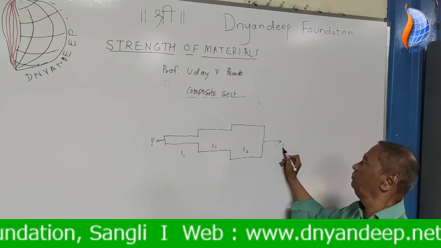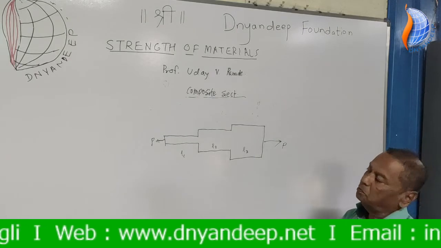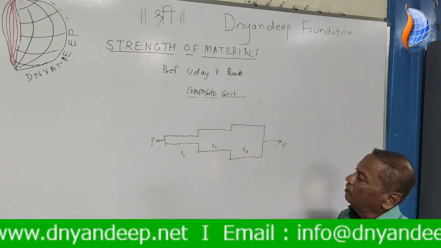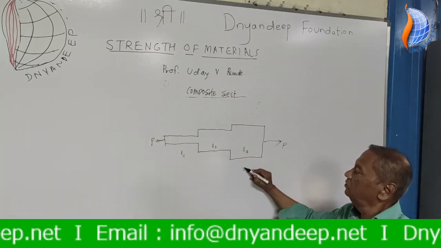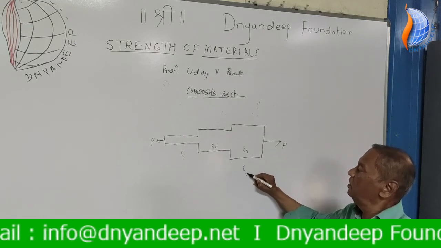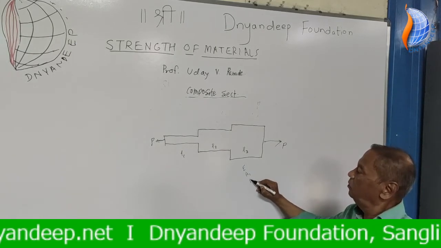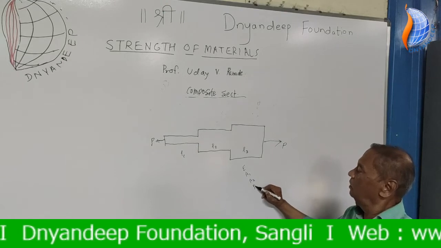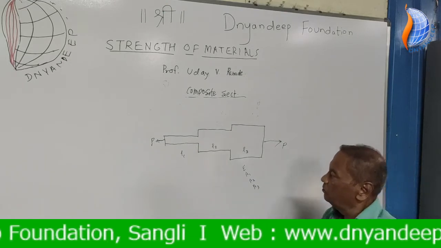Force is same. So how will you solve the problem? E is modulus of elasticity. A1 is area of cross section of 1, A2 is area of cross section of 2, A3 is area of cross section of 3.